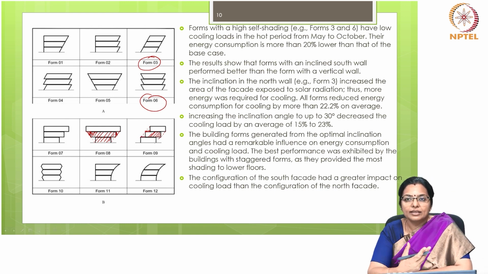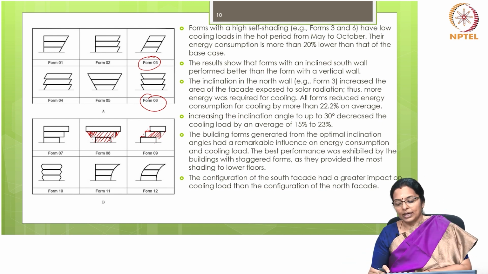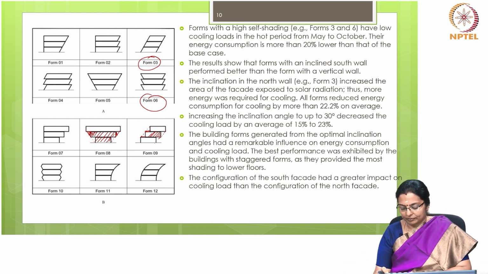So, the staggered form seems to perform better as compared to the non-staggered form. The configuration of the south facade had a greater impact on cooling load than the configuration of the north facade.